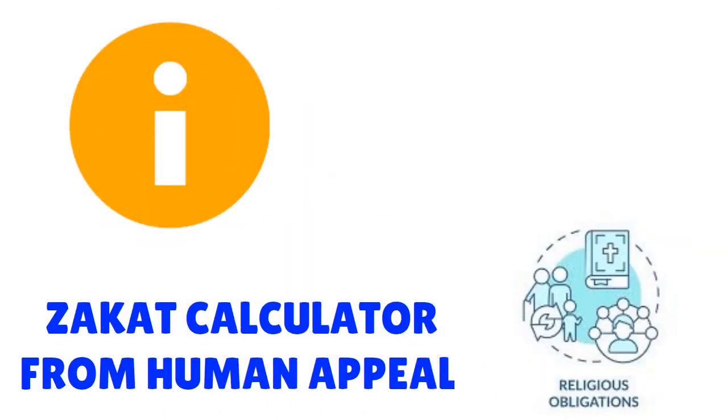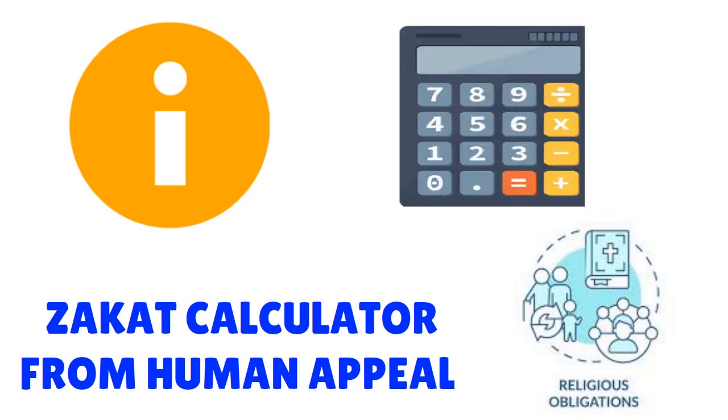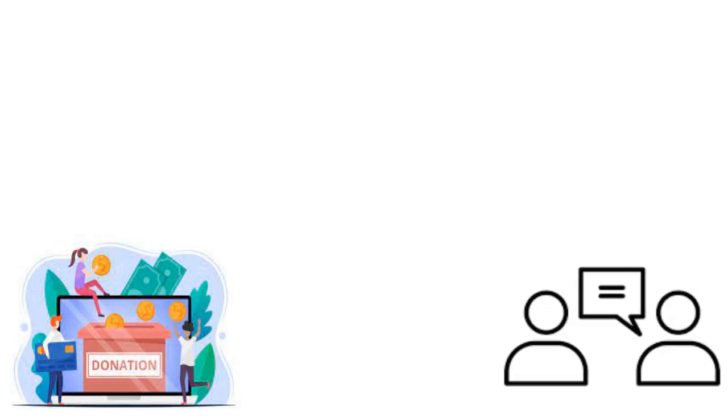Okay, it's one of those things where you want to really understand what works and what doesn't work, by the way. When you think about the Zakat calculator from Human Appeal, instead of asking people to donate money the old way, by going through an interactive post, you are generating more interaction and more engagement.